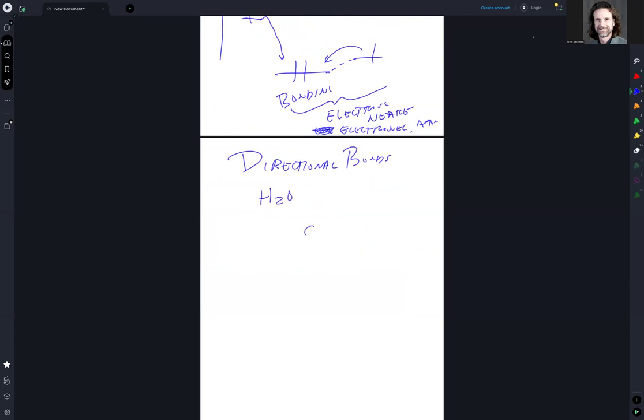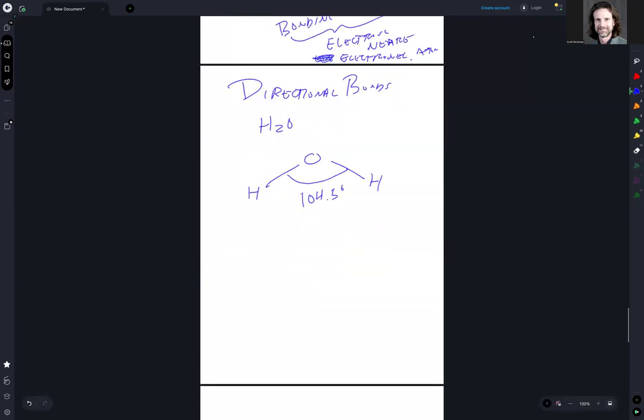In water, you've got oxygen, you've got hydrogen, and you wind up with a 104.5-degree angle that fits between them. And this has to do with bond hybridization.